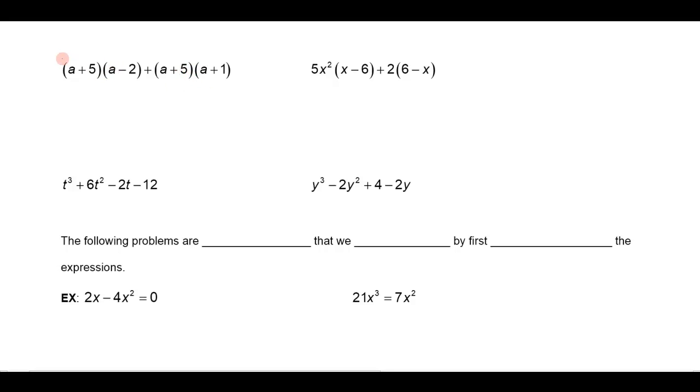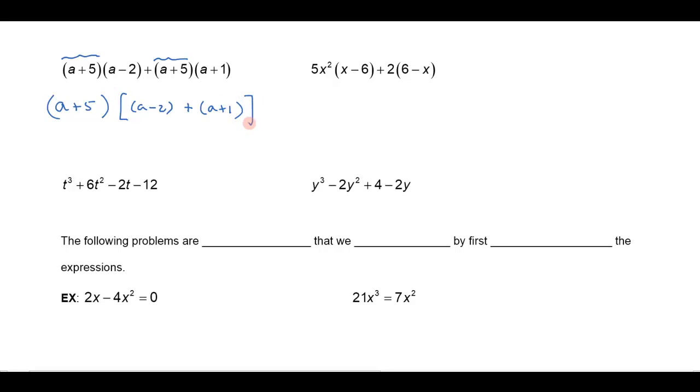If you recognize something's in common there, I can go ahead and factor that right out. I've got a plus 5. And when I factor a plus 5 out of this larger expression right here, I'm left with a minus 2. And then when I factor the a plus 5 out of this larger expression, here's my plus sign, and I'm left with the a plus 1.